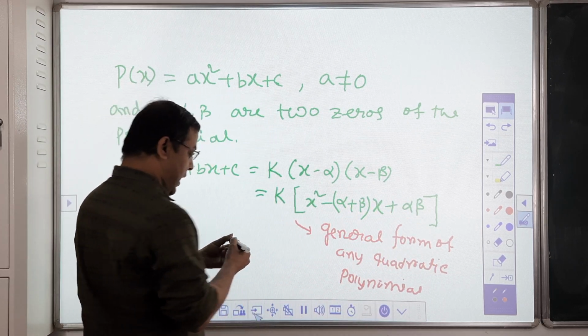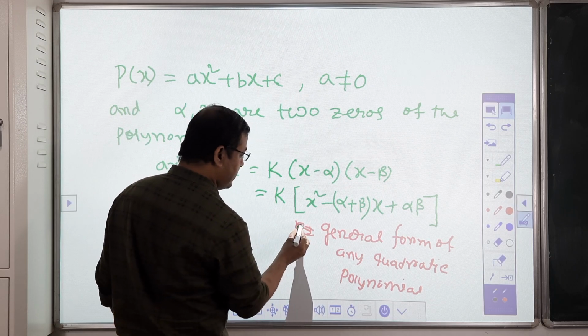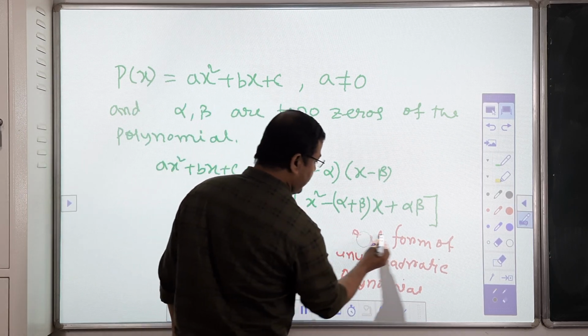Now, the relation between zeros and coefficients.